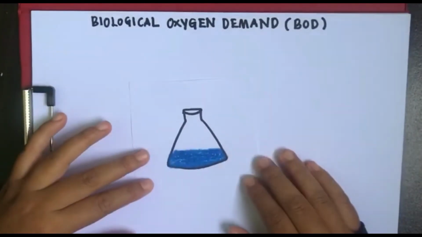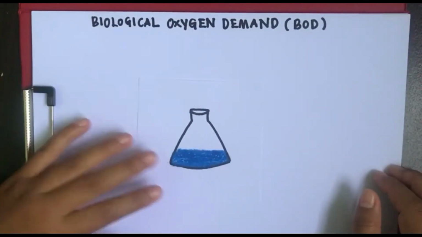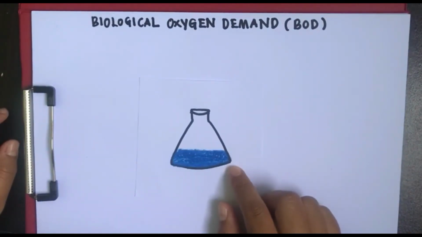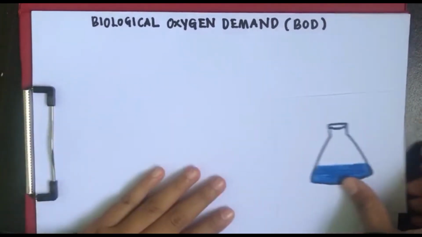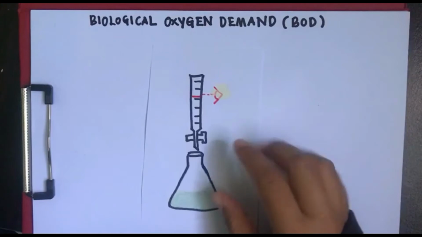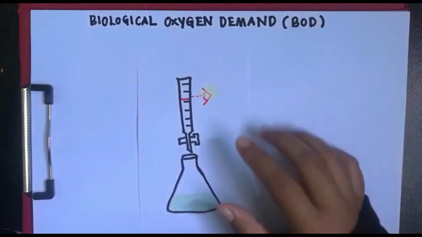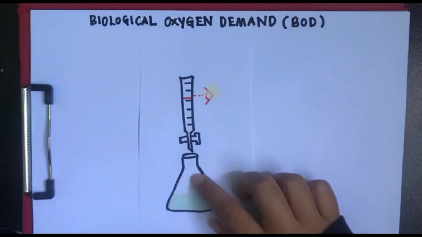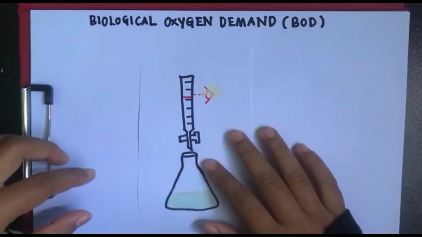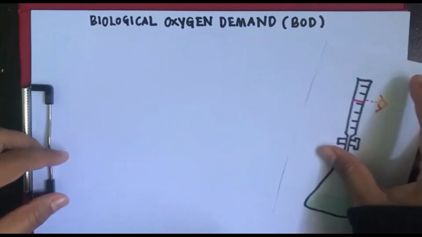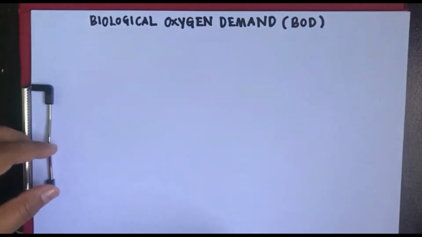And then add a few drops of starch solution to form a deep blue color. Continue the titration until the blue color disappears and note down the burette reading. Then repeat the steps to obtain 2 more readings.